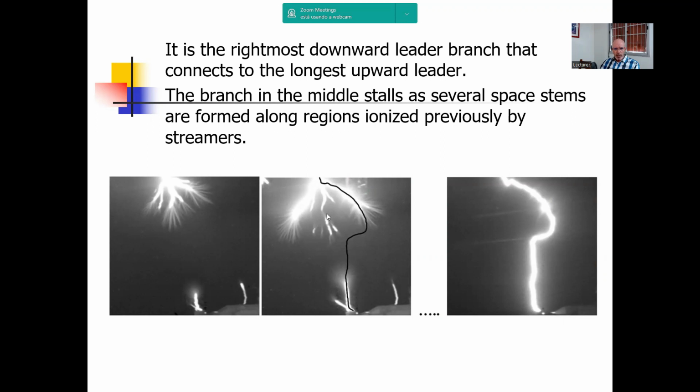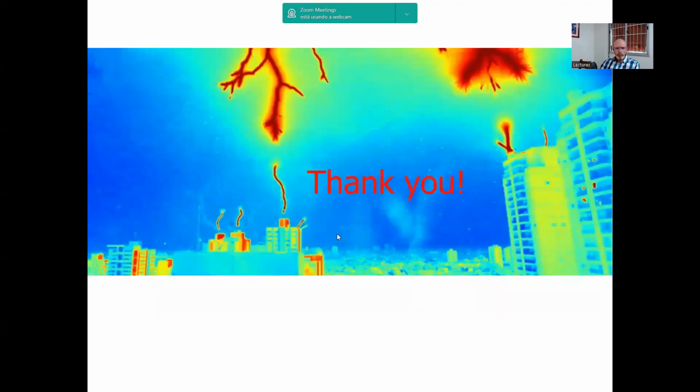And it seems that the middle branch is stalled, as several space stems were formed along the regions previously ionized by the streamers.